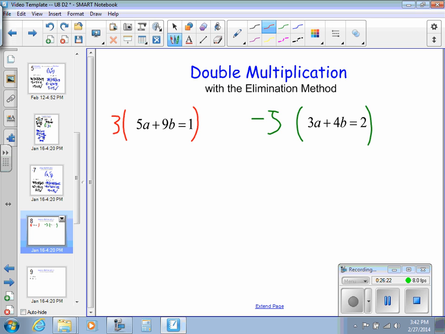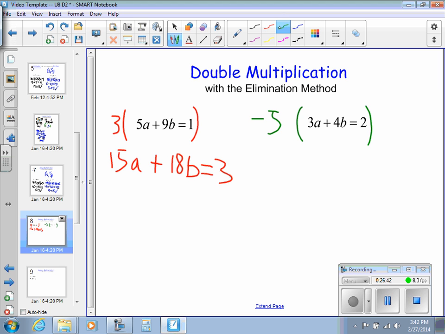So let me go ahead and do this. Now I have 15a plus, well, 3 times 9 is 18, so 18b equals 3.